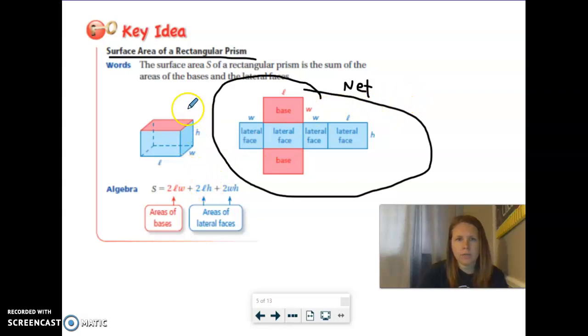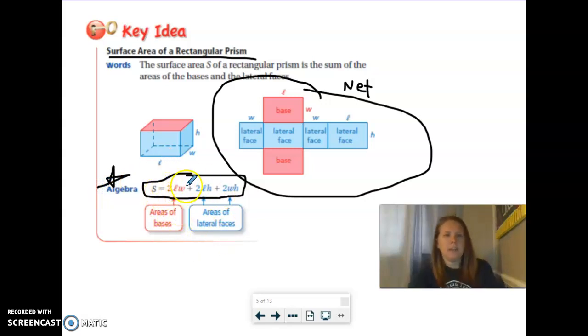My suggestion though for these ones is you've got a fairly okay formula. It's going to give you step by step. So this formula is going to be really important. What it means is that you're going to find the area of the bases. Your bases are going to be length times width, because remember, when you're finding the area of a rectangle, it's just your length times your width. But I also need to find the area of the lateral faces.